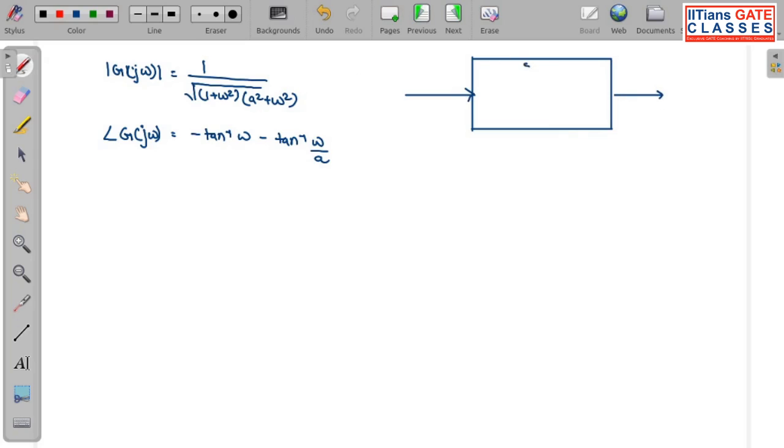So this is my system where the gain and phase of the system is G(jω), angle of G(jω), and what is the input?